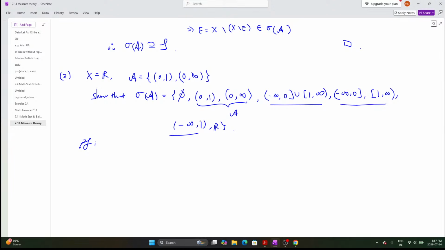The other three must be in every single sigma algebra that contains A. And perhaps also need to show nothing more is needed. So here you have an example of a sigma algebra being a finite set. So this is an explicit construction of a sigma algebra.